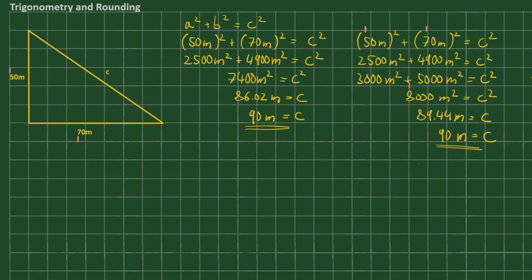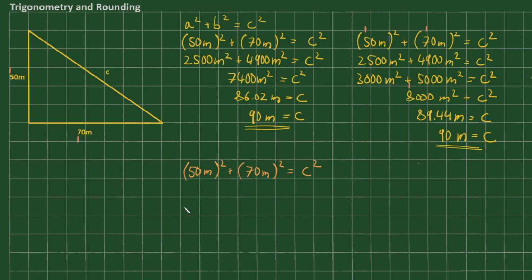Finally, I'm going to show you one more way of solving this problem and hopefully circumventing any confusion that might arise due to rounding. Again, our starting position is the same. 50 meters squared plus 70 meters squared gives me c squared. So I'm going to take the square root of both sides right now.